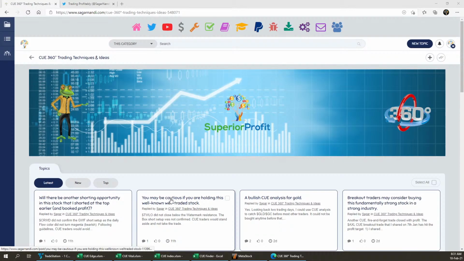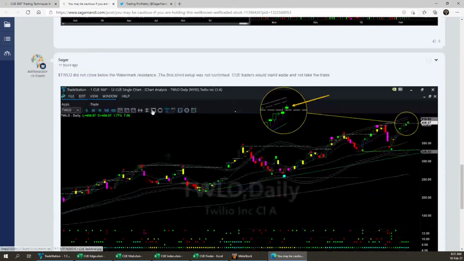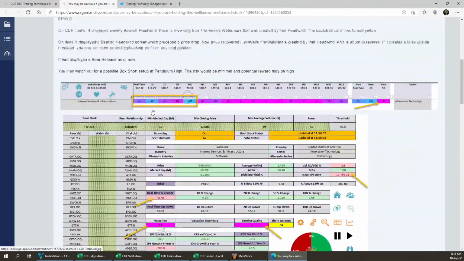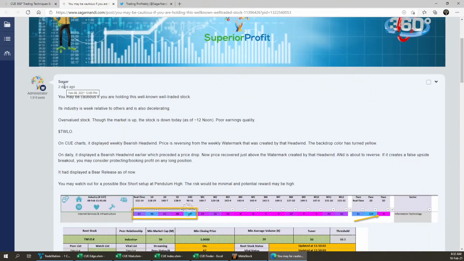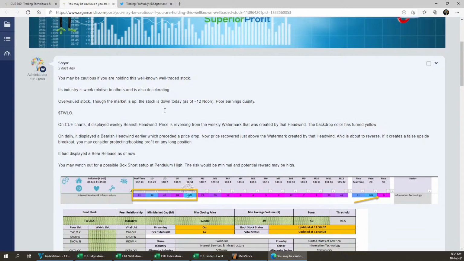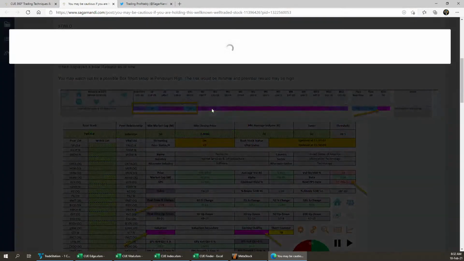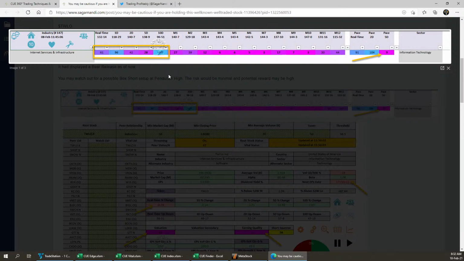One was on TWLO. I shared it 2 days ago, 8th February. Let's look at the 360-degree snapshots. The industry, internet services and infrastructure, was patchy. Not the strongest, not the weakest.